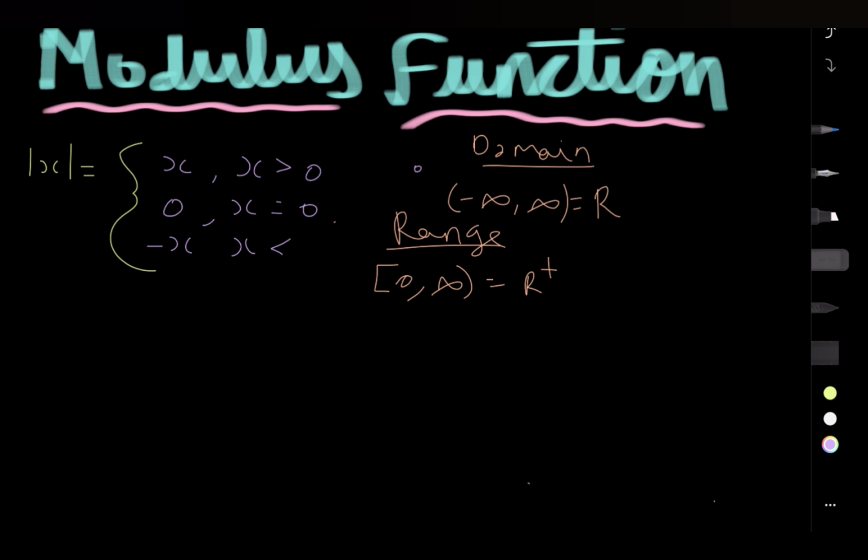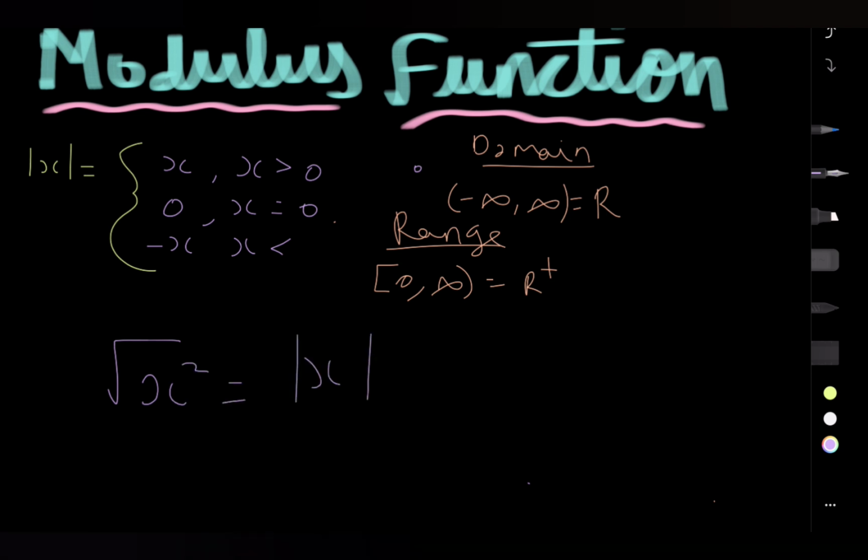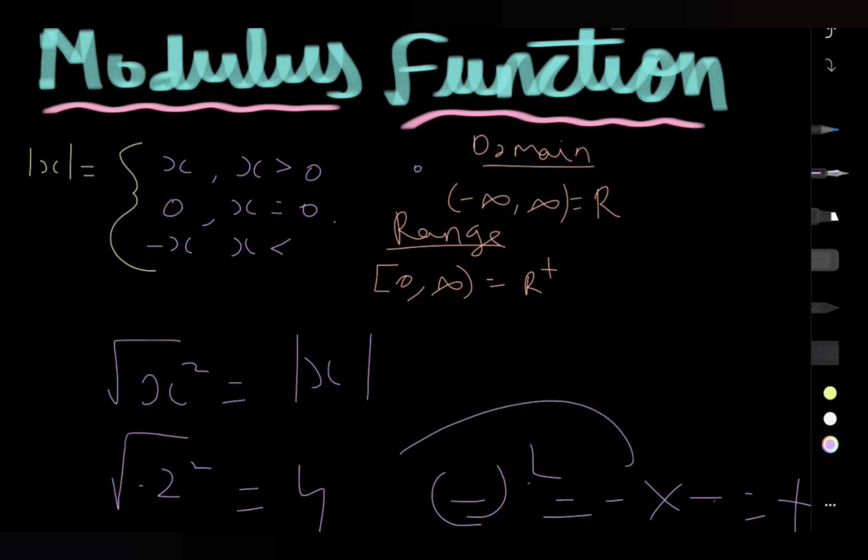So always, modulus gives positive numbers. When I am taking root over x square, is it modulus of x? Modulus of x only. For example, if you are taking root over minus 2 whole square, then it will be root over 4, because minus into minus gives me plus. That concept we are applying here.